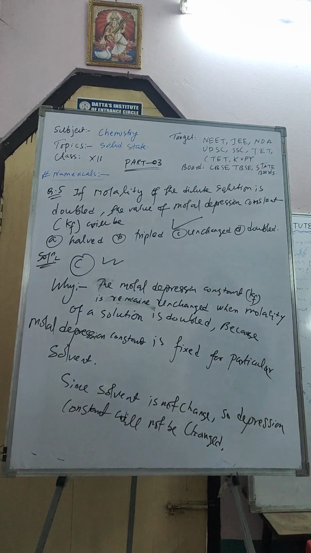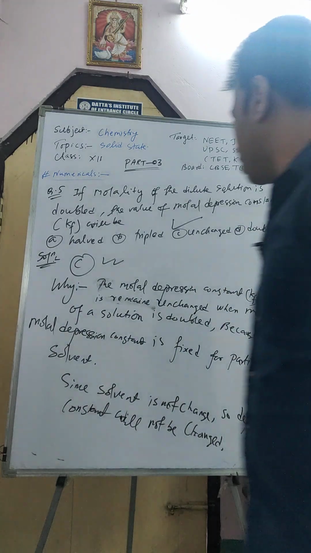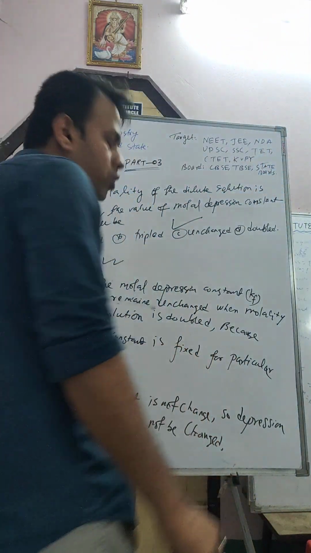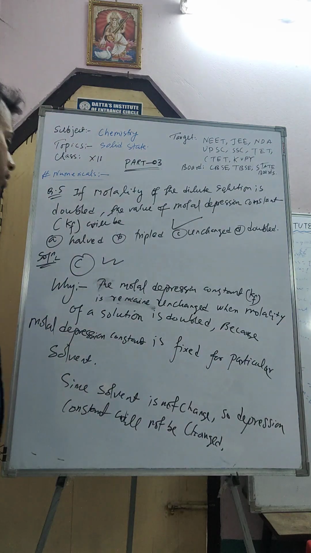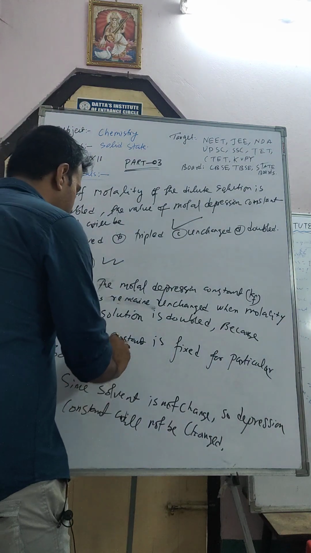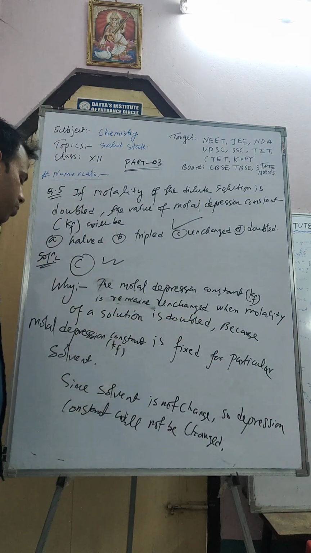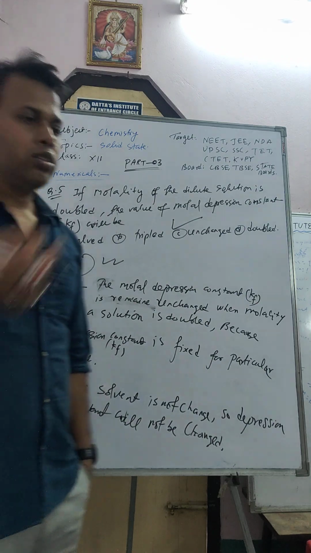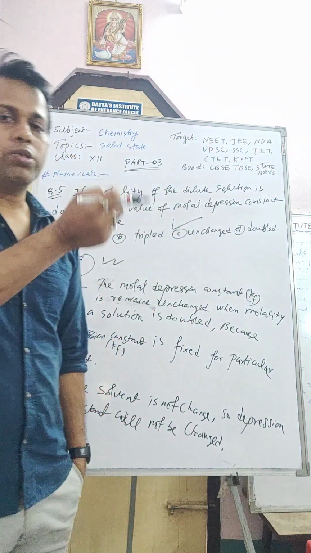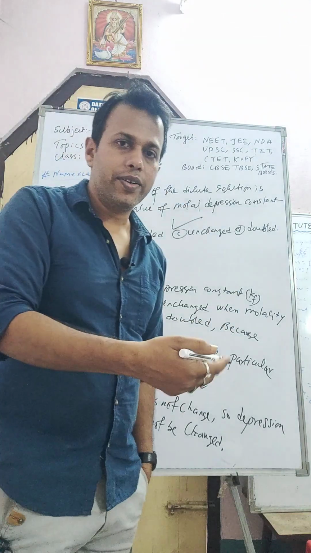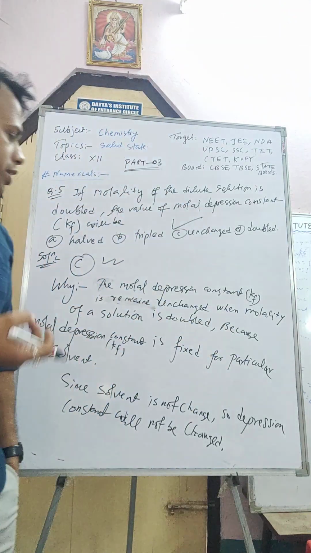The molar depression constant Kf remains unchanged when the molality of a solution is doubled. Because the molar depression constant Kf is fixed for a particular solvent. It depends on the nature of the solvent, not the molality.